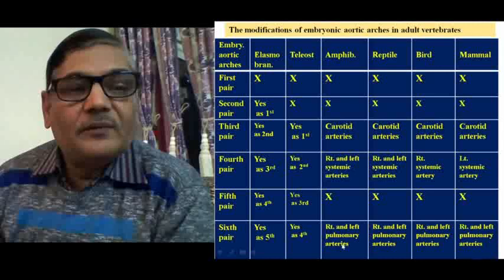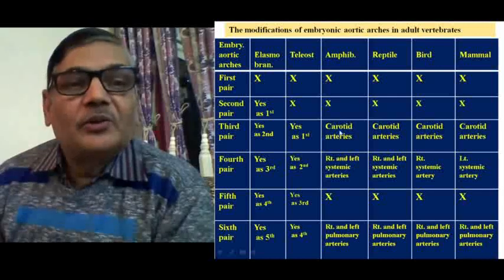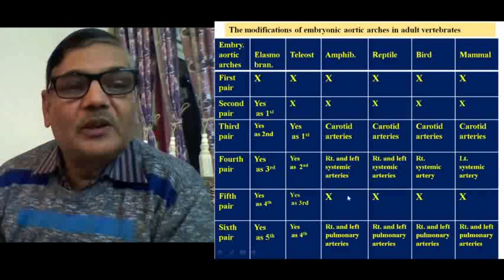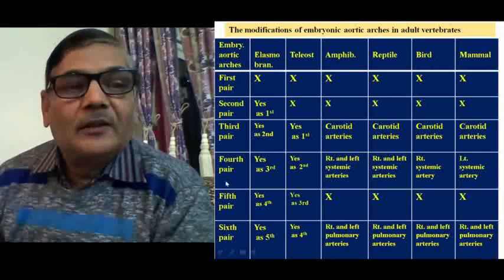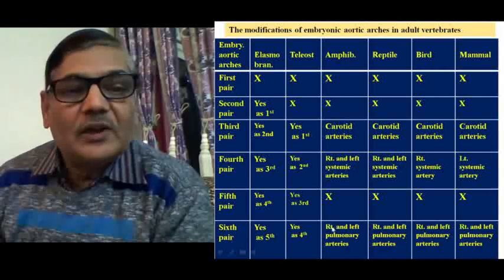So instead of naming them as a first or second aortic arch, they are given a specific name. So this is important to remember, that in case of amphibians, specific names are there for these aortic arches. Like the third one is referred to as carotid arteries, the fourth one as right and left systemic arteries, the sixth as right and left pulmonary arteries.